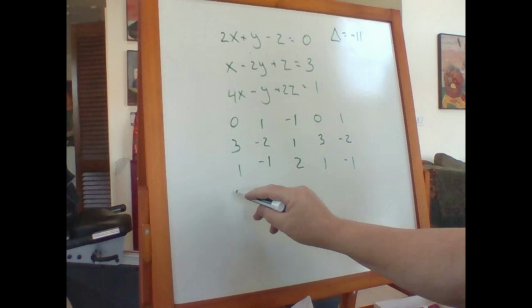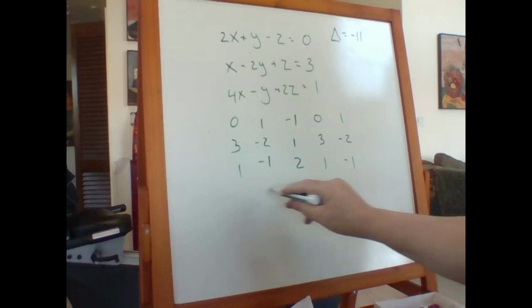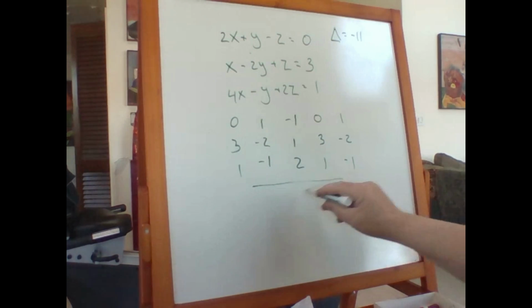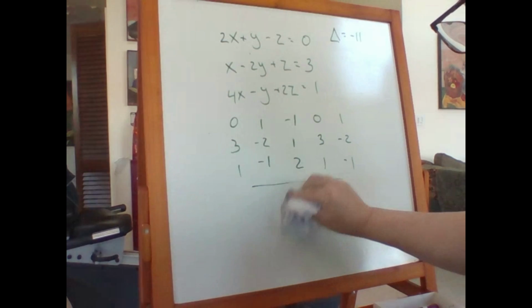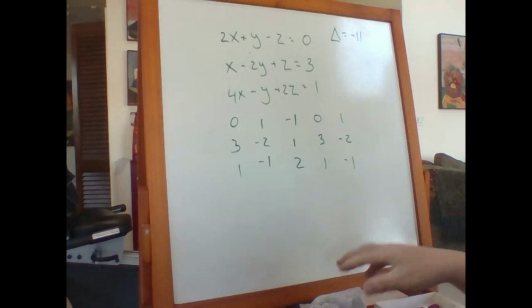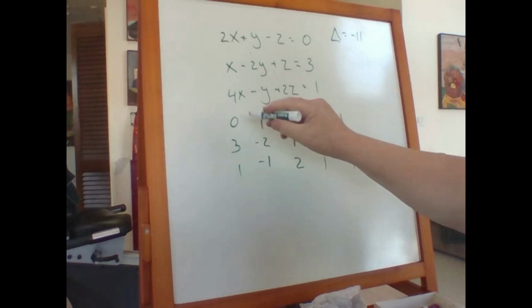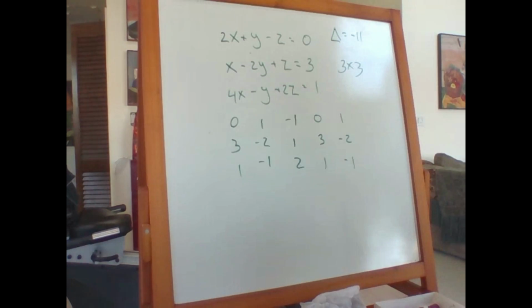So now to solve for the X variable, we take this operation that we did before and then divide that by the determinant, and then we have X. All right, so that's what we're doing. That's where we're heading. Now this only applies to 3 by 3 matrices.